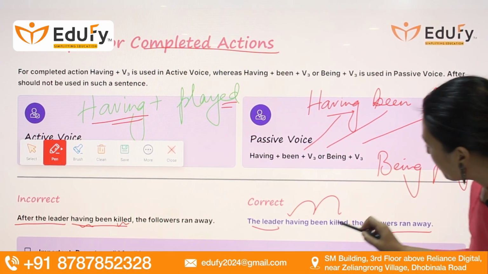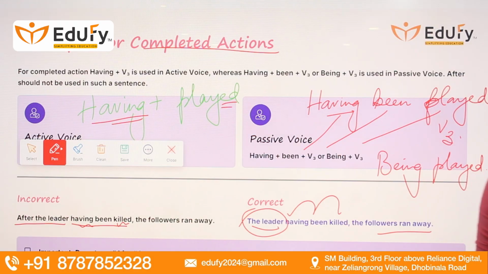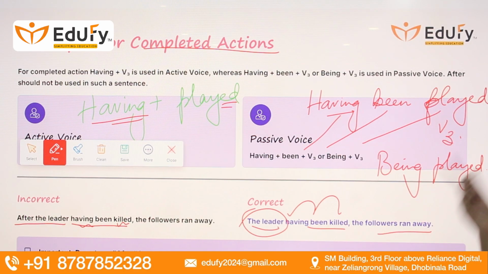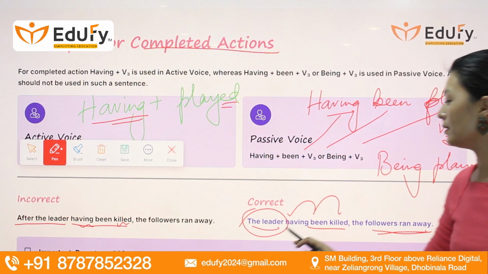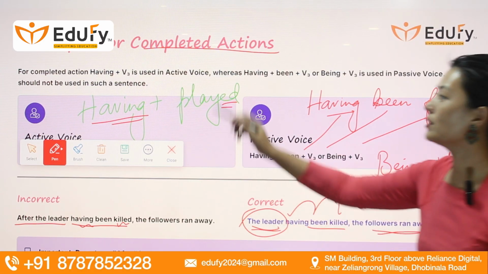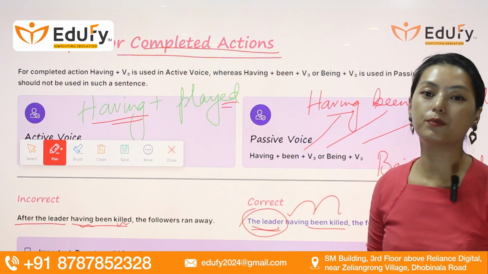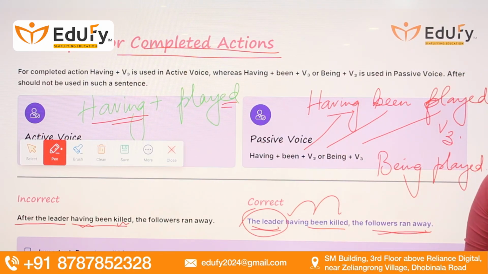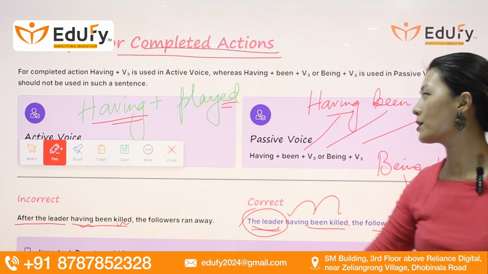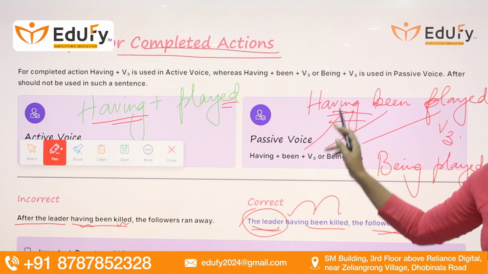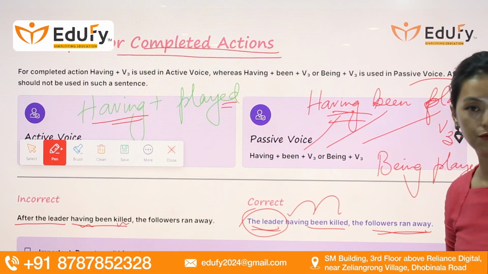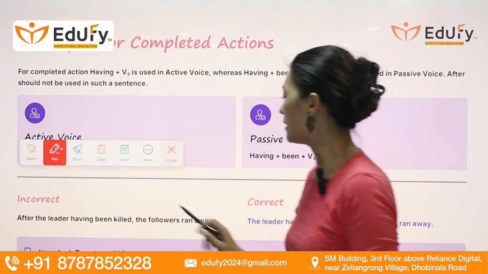Okay, so the action of the leader being killed has been completed. Beforehand, before the followers ran away, the leader had been killed. So this is participles for completed actions. That means when you use the participle ing for completed actions, you may have the participle form, but you will also have the ed form of the verb. I hope this is clear.